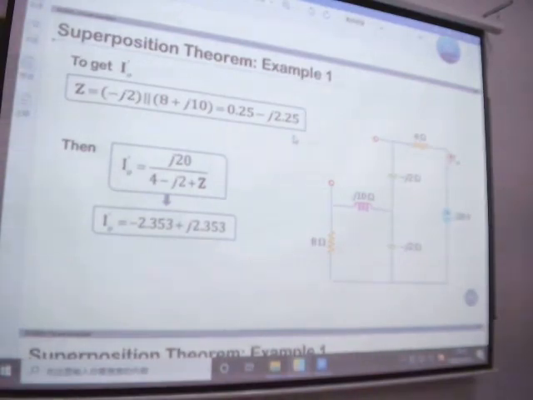Then those parts are in series with V, and they use the VCR, the Ohm's law of impedance, to calculate I0.